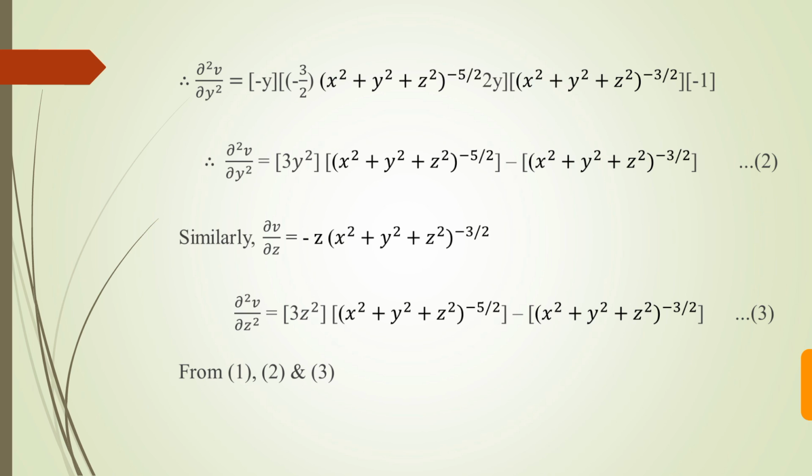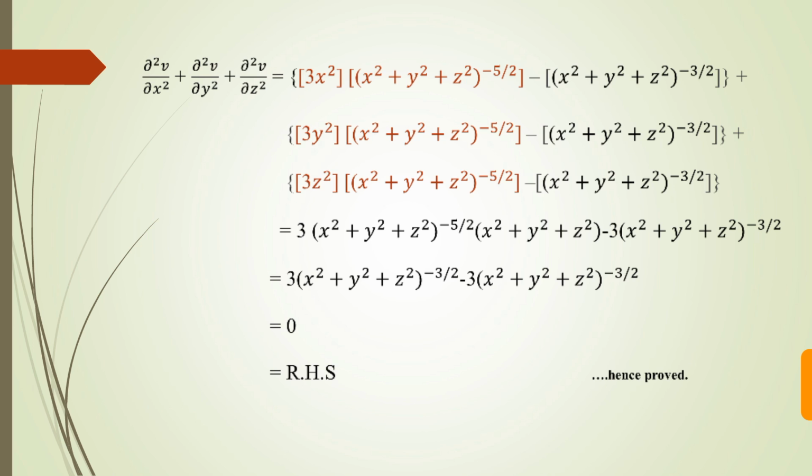Okay, from first, second and third, we can add ∂²v/∂x² + ∂²v/∂y² + ∂²v/∂z² is equal to, we will add here ∂²v/∂x² from equation number first, plus ∂²v/∂y² from equation number second, plus ∂²v/∂z² from equation number third, and that will become here 3.